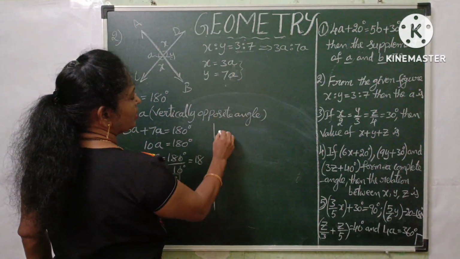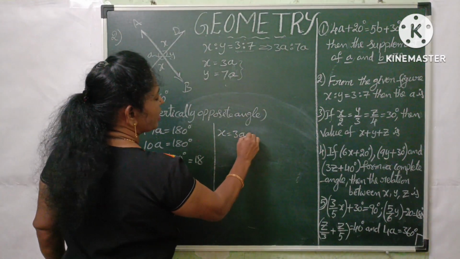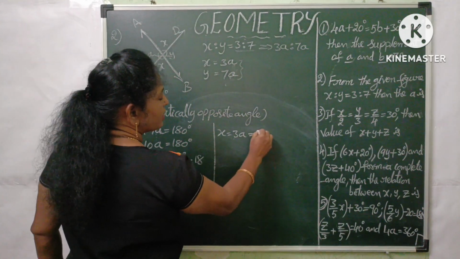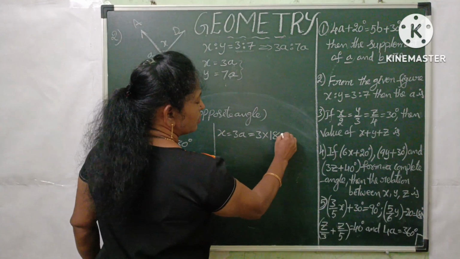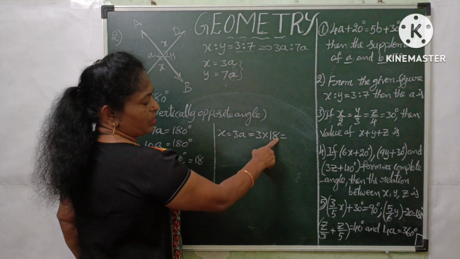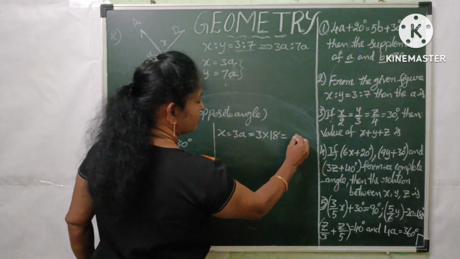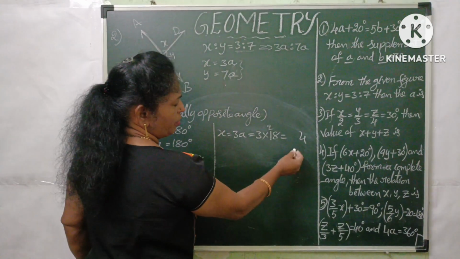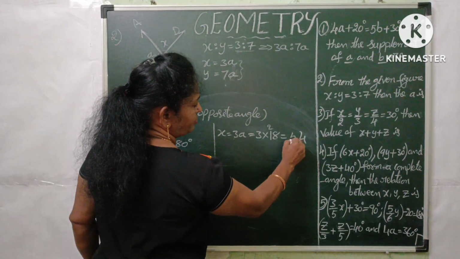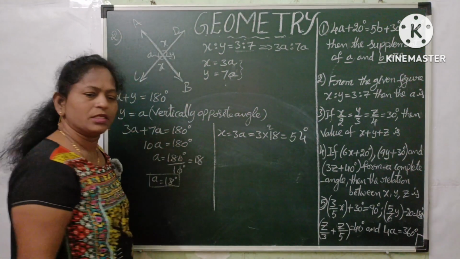What is that? x equal to 3a equal to, here 3 into, what is the a value? 18. That is equal to 3 8s are 24, 3 ones are 3 plus 2, 5. 54 degrees.